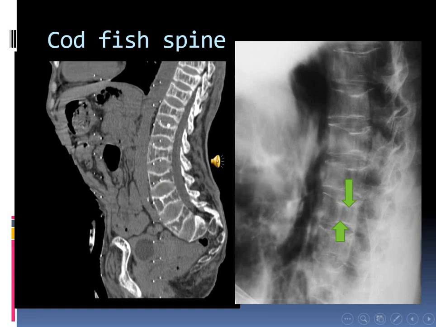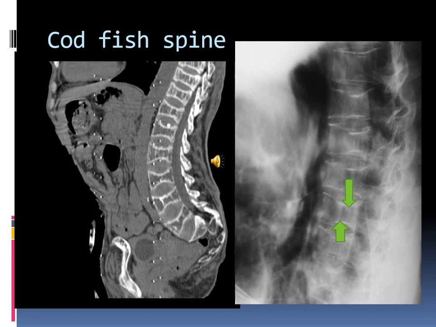In this slide we have a radiological sign called the codfish spine appearance. This is related to an abnormal spine seen in both the X-ray on the right side and the CT scan on the left side, usually seen in osteoporosis, or it could be seen due to other bone abnormalities or systemic diseases. The shape of the vertebra is abnormal.